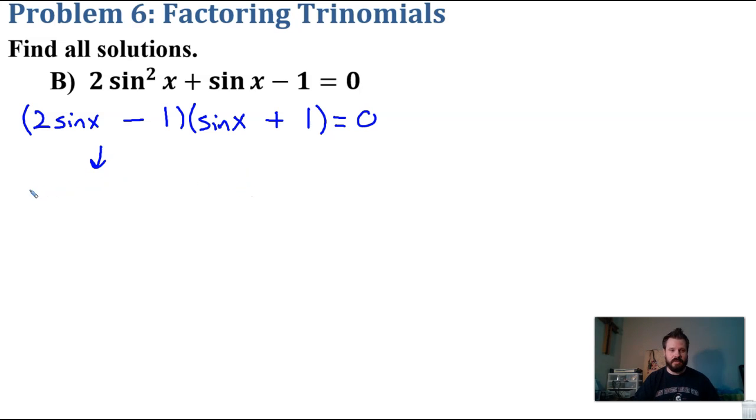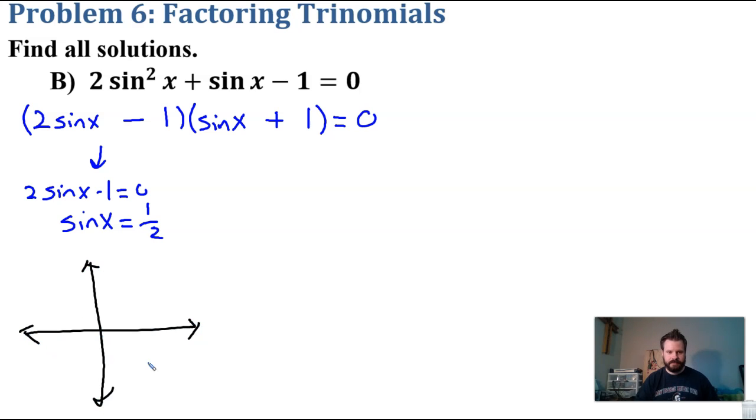Let's set each of these factors equal to 0. 2 sine x minus 1 equals 0. That means that sine of x is equal to positive 1/2. Solve that with angles in standard position. All right, sine is positive in the top 2 quadrants. Opposite over hypotenuse.